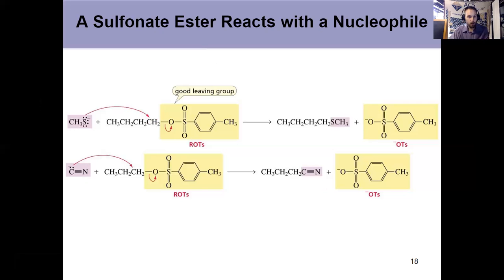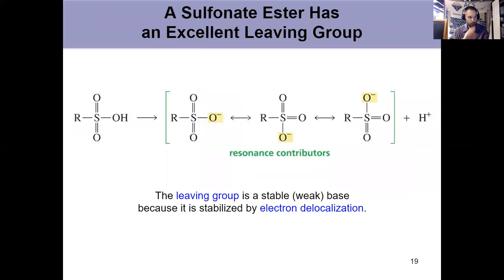Why is the sulfonate ester such a good leaving group? If we think about electron delocalization and resonance stability, once this leaving group gets kicked off, it has three equal resonance contributors. Remember, the more resonance contributors something has, the more stable it is.